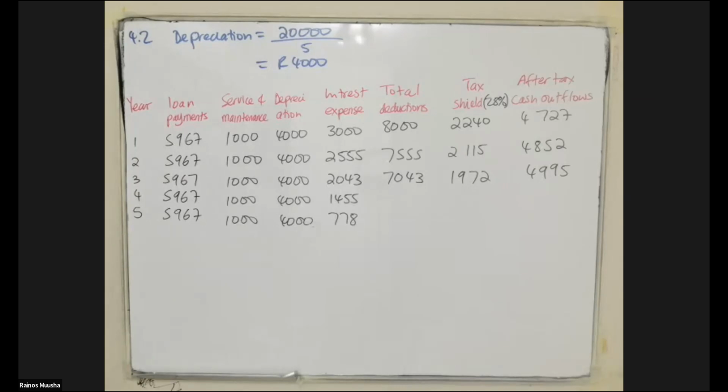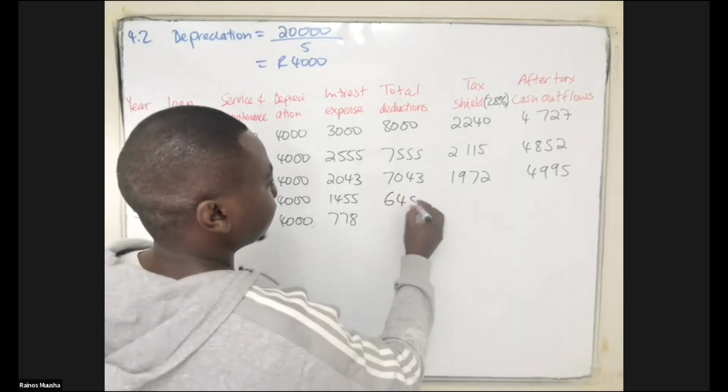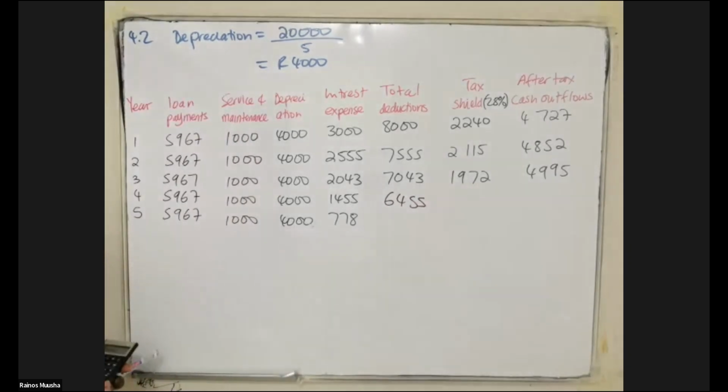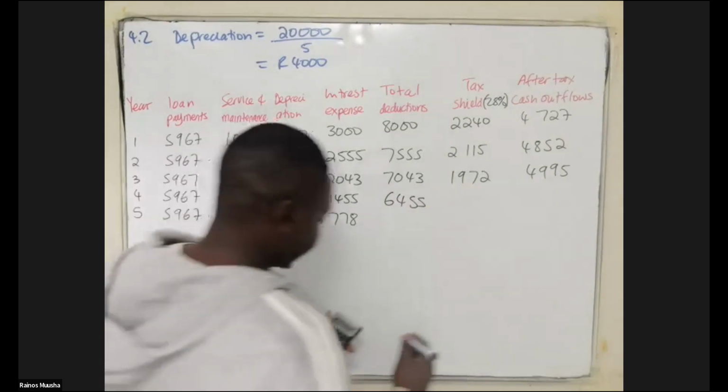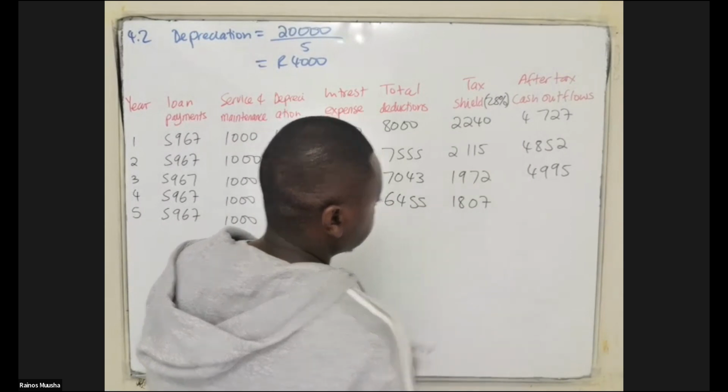For year 4, our total deductions are 6,455. And our tax shield will be 1807.